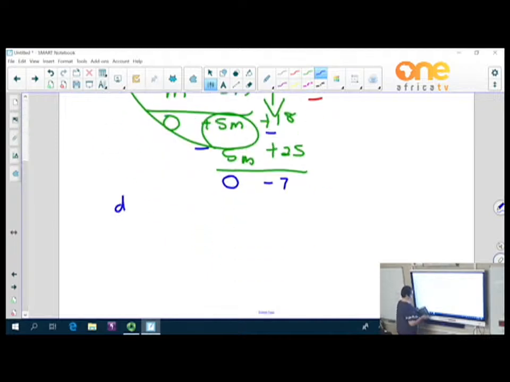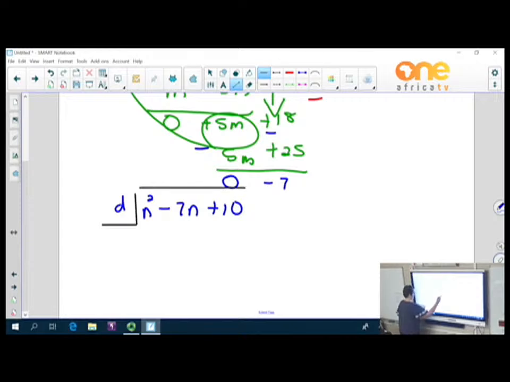Number D. n squared minus 7n plus 10, and we are dividing this one by n minus 1.